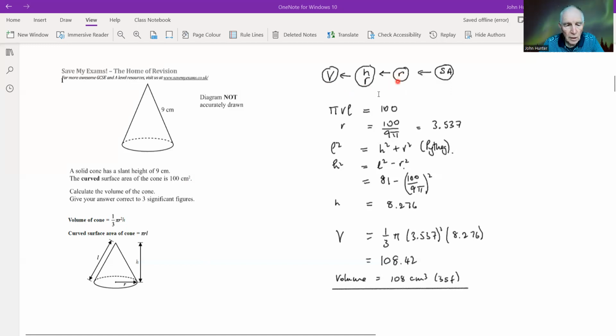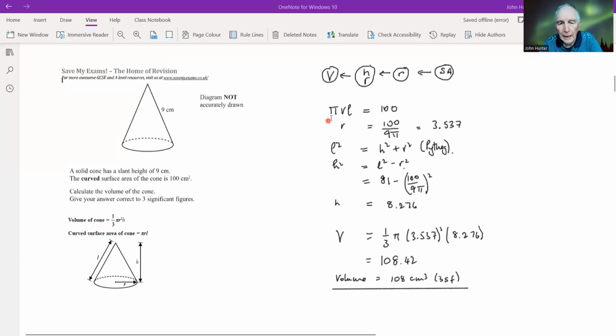If we've got the radius, because we've got the slopey side, we can use Pythagoras to get the height. And we get the radius from knowing the surface area. We can work back from the surface area using the formula pi R L, because we know L and the actual curved surface area, so we can get R. So this is a flow leading us up to our volume.